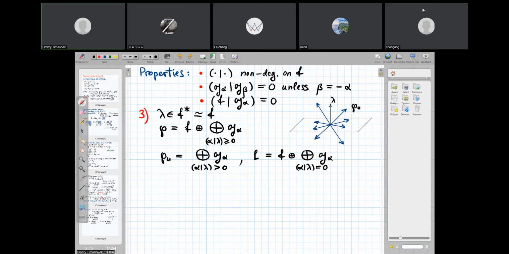So the roots on this hyperplane correspond to L. So this is a picture of how all things look.